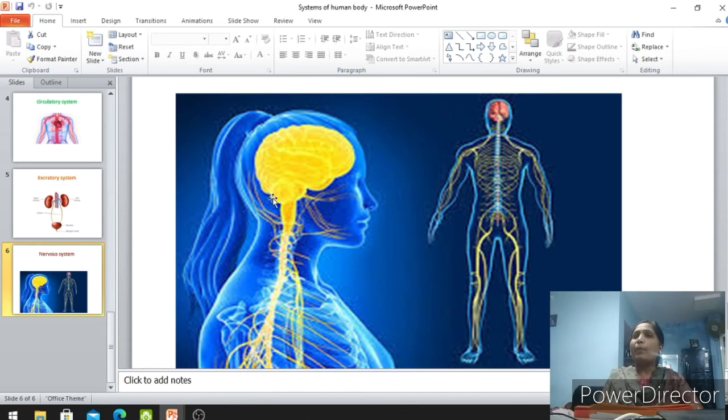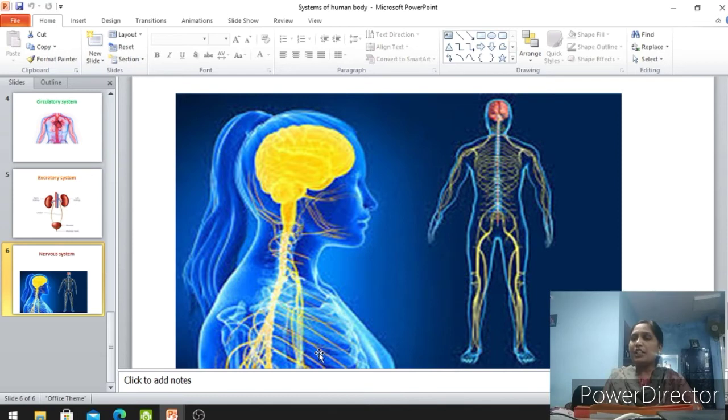So it's also called the master of all the systems. It's the master of all the organs. It's located in the head and takes protection from the skull. It passes messages to each and every part of our body, and it receives messages from each and every part of our body.